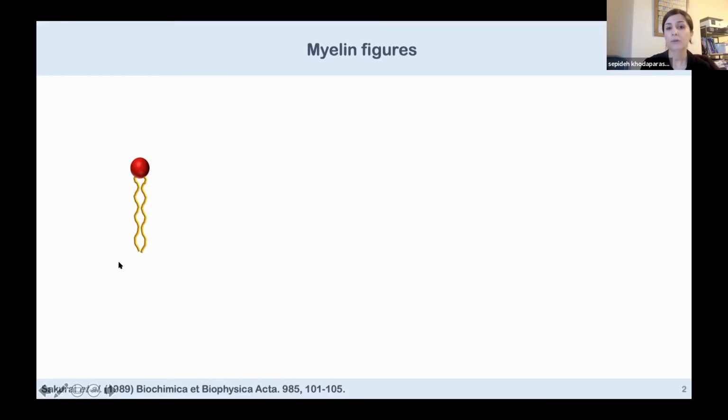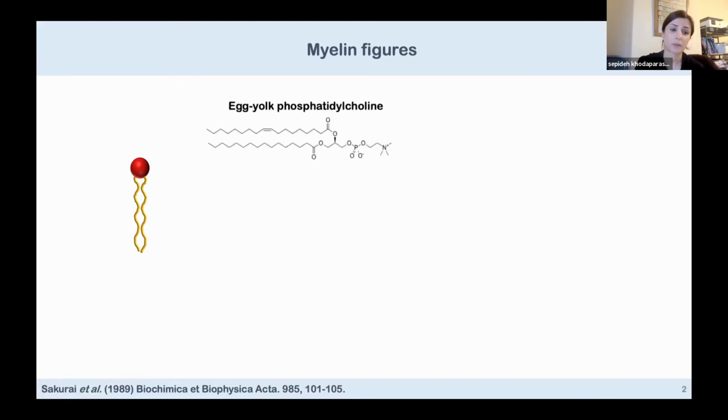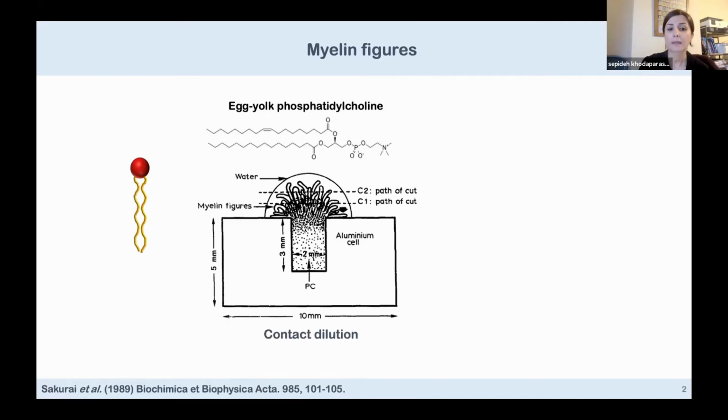And we know that both in biological and synthetic materials, we have similar surfactant molecules. For example, there's a beautiful experiment done by Sakurai and co-workers in 1989, where they picked another phospholipid from egg yolk, which has the choline group incorporated into its head group, and packed a concentrated solution of this phospholipid into a small cavity.